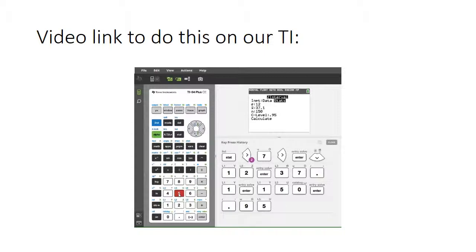Our calculator either defaults to 0.95 or uses the one from the problem before. I'm not really sure. I know that if you start completely fresh, it defaults to a 0.95. All right, so enter, enter, and bam, that quickly, there is our confidence interval. As always, if you have any questions about how to do this stuff, let me know.